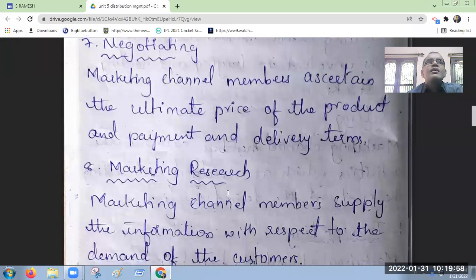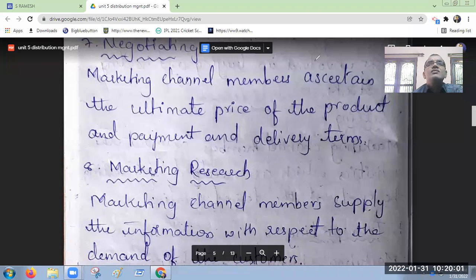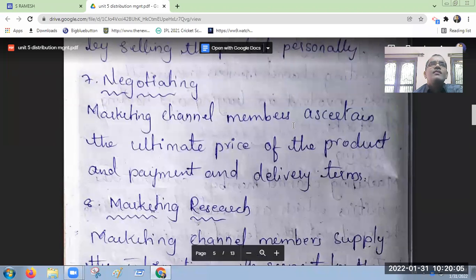Okay. Similarly, they will help in negotiations. Negotiations means discussions. It means if you go to certain shops, you will bargain. See, some fixed price shops are also there. Some normal shops will also be there in the market. In fixed price shops you will not bargain.